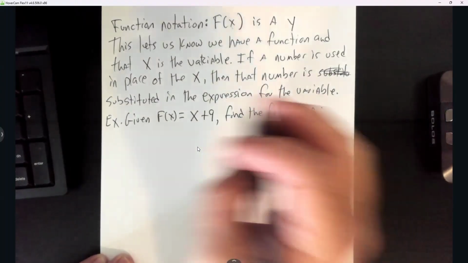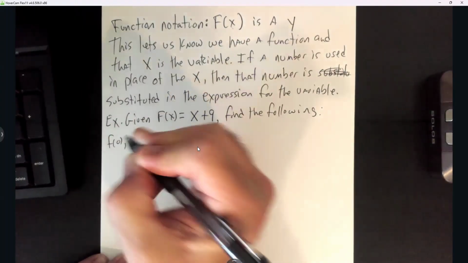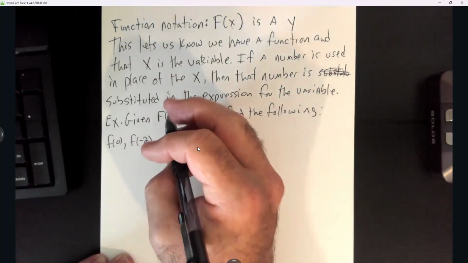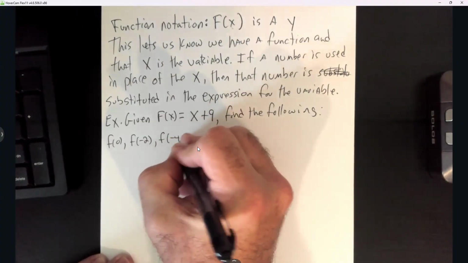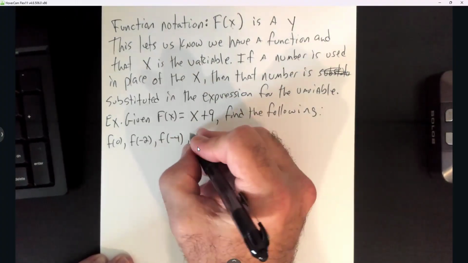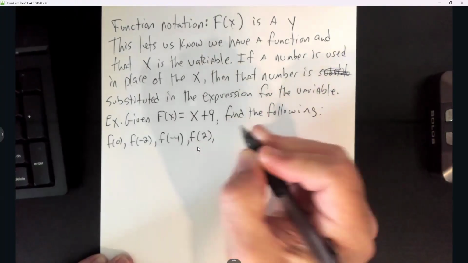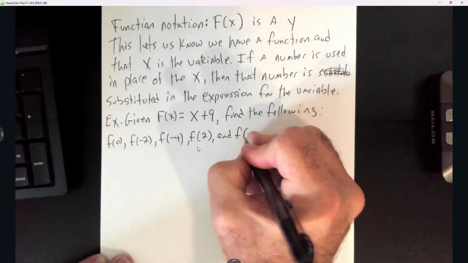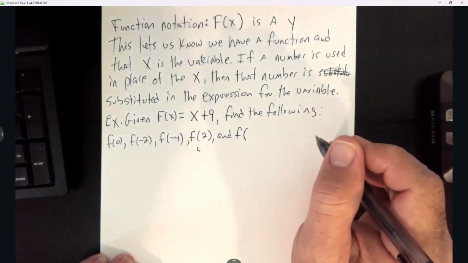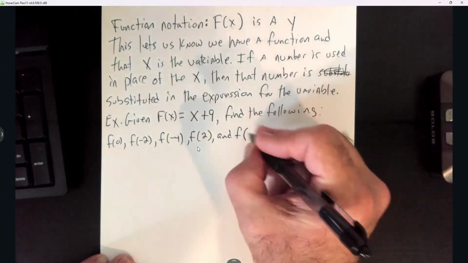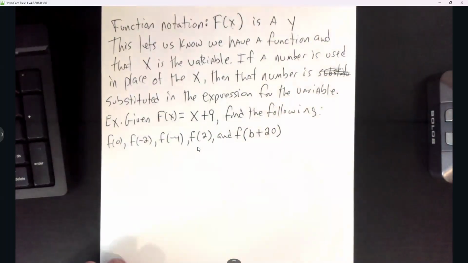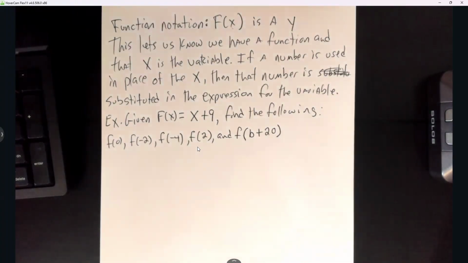They want us to find f of 0, f of negative 2, f of negative 4, f of a positive 2, and f of b plus 20. So basically, 1, 2, 3, 5 things they want us to find.